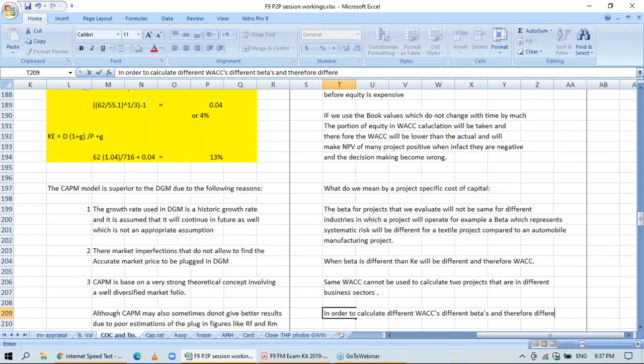As the betas will be different in different projects and different industries, cost of equity will also be different according to the CAPM rule, right? And the WACC will also be different.